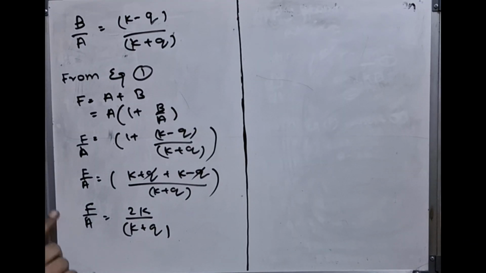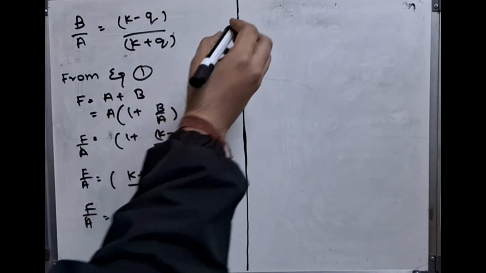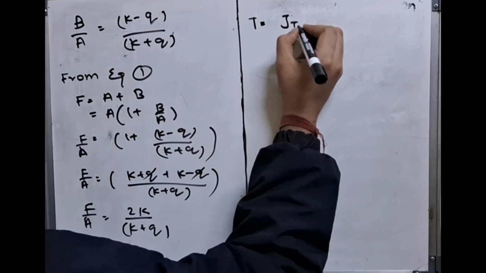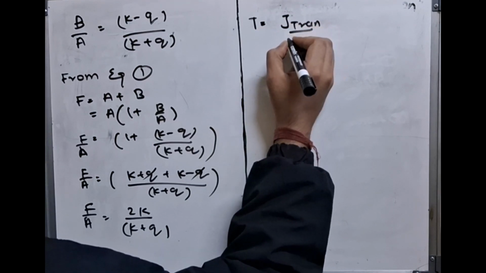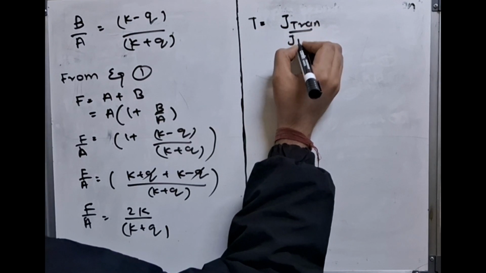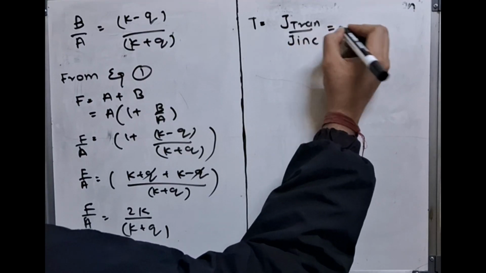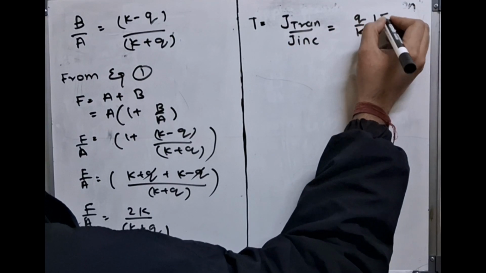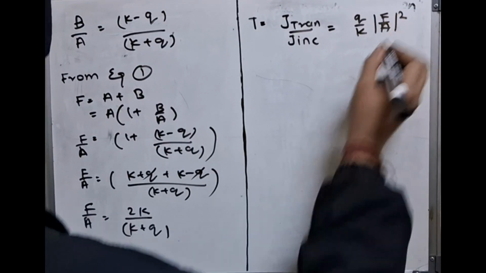Since we got F upon A is equal to 2K upon (K plus Q), we can construct our transmission coefficient equation, which is given by T is equal to J transmission upon J incoming, which is Q upon K and F upon A the whole square.